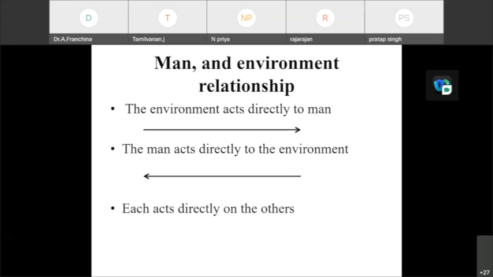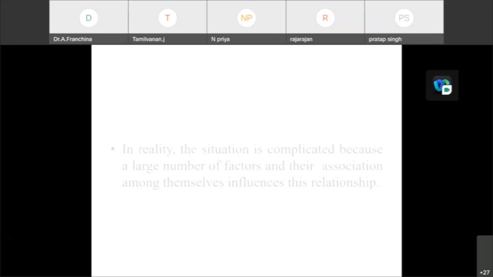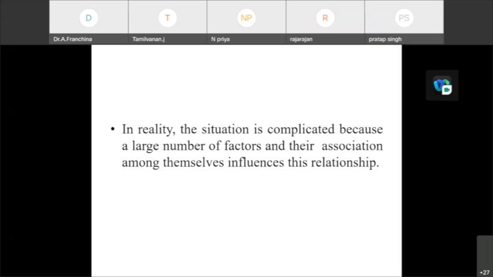So what is the output if we act directly? The environment also acts directly, and we also depend mostly on the environment for food, for shelter, for everything we are depending on nature, right? In reality, the situation is complicated.